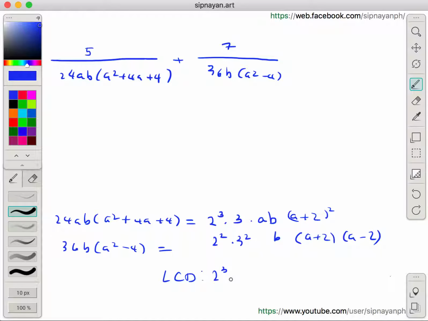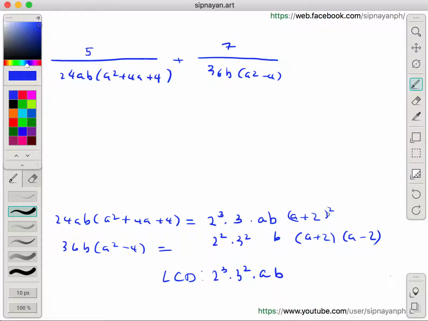And then, 3 and 3 squared, of course, we get 3 squared. Pag walang kasama, yung a, wala siyang kapareho dito sa kabila, we just place a dun sa LCD. And then, pag may kapareho, parehong base, parehong exponent, isa lang ilalagay natin. Hindi tayo pwede maglagay ng b squared o dalawang b.